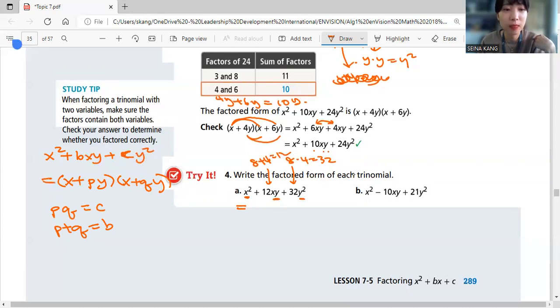Okay. All right. So for your binomial answer, you have to write x plus 8y times x plus 4y here.